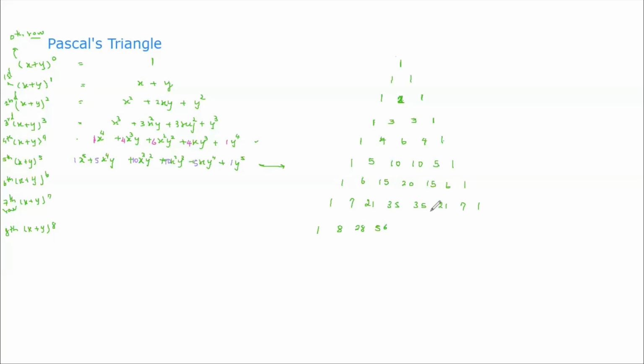And 35 plus 35 is 70. And 35 plus 21 is 56. And 21 plus 7 is 28. And 7 plus 1 is 8. And then bring 1 down. Now we keep doing this.